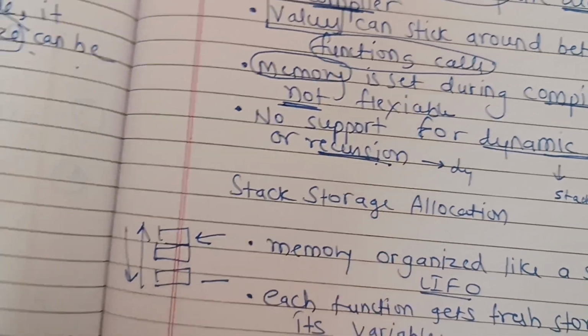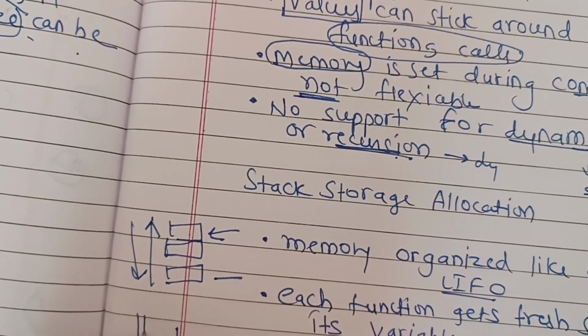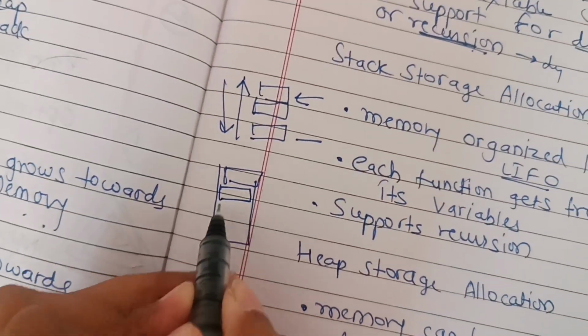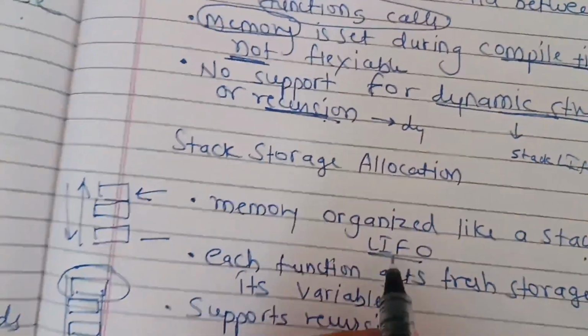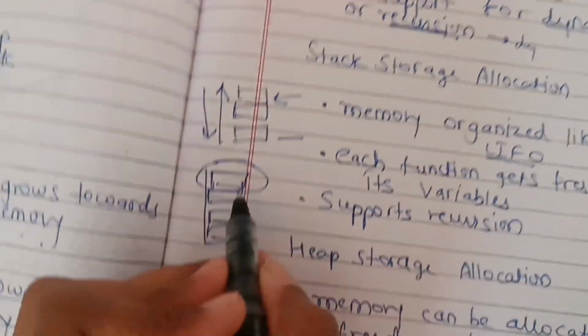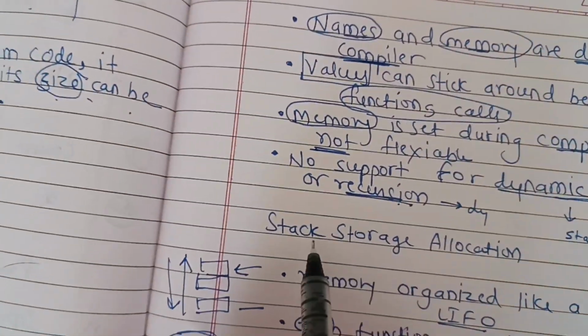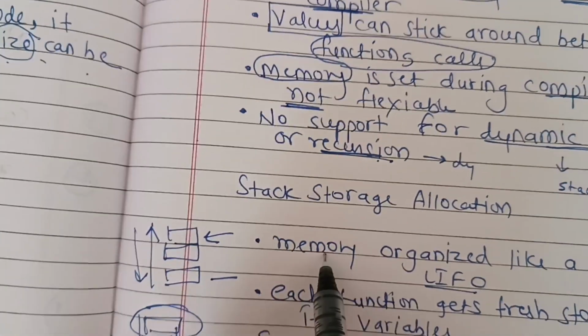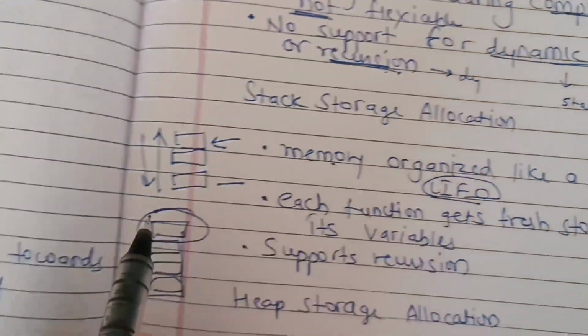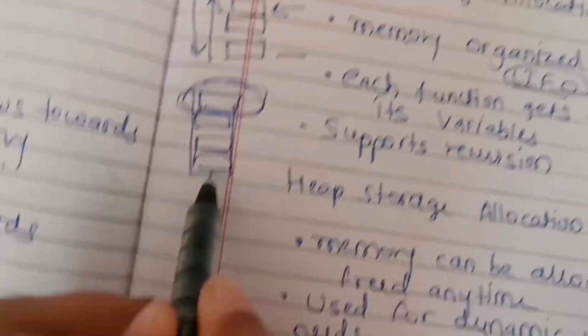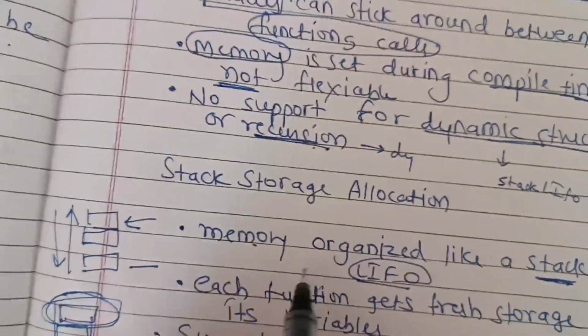The data on the topmost end, that is the last data, can be used directly. That's why stack storage allocation has memory organized just like a stack, in LIFO. You can take out only this, you cannot take this element.